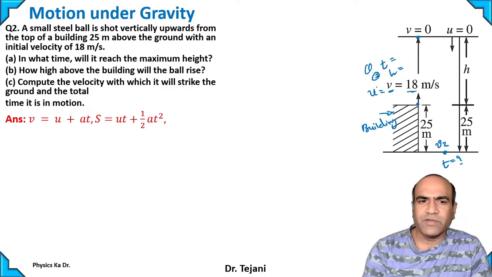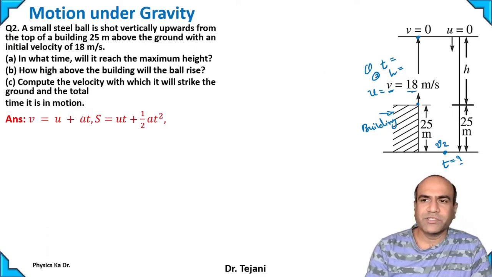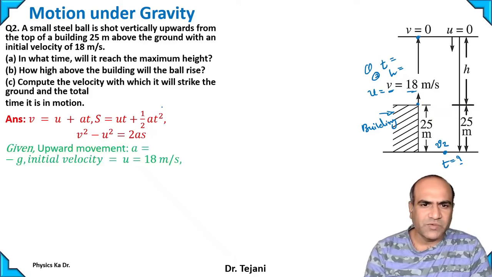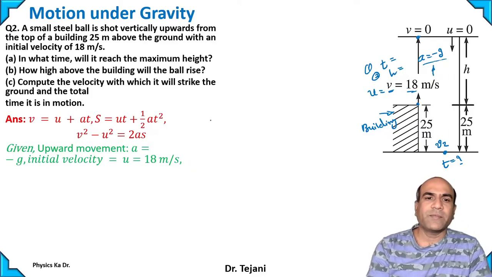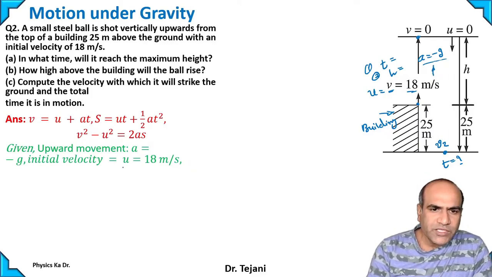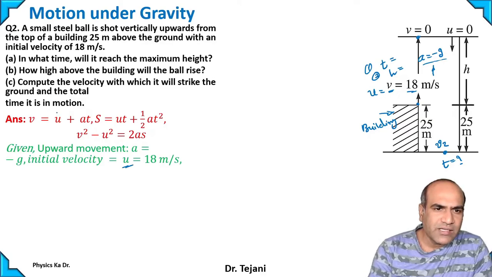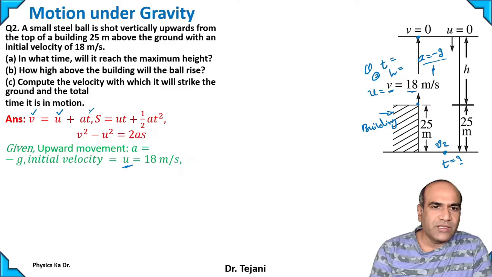So first we have u. We have three given equations we can use. When the body is moving upward, the acceleration becomes negative g. Initial velocity is given, yes. Final velocity is given, yes. Can we find t? Acceleration is also given, yes.